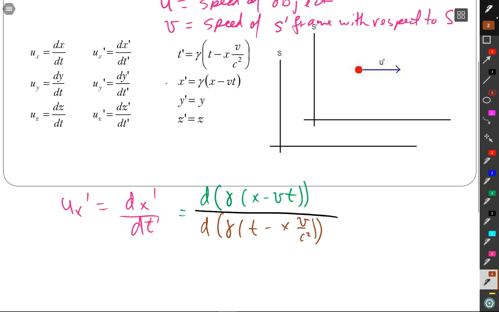Well, what we choose to do is do top and bottom with respect to time. So I'm going to make this dt dt. Now, v is the speed of the reference frame. That's assumed to be a constant.